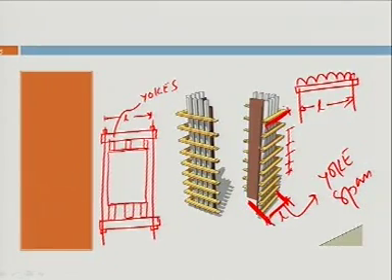Say for example, if you look at this yoke, the load from top half will be coming and load from bottom half, and they are supported here and here. So basically these are simply supported.